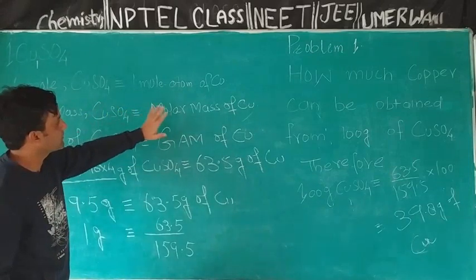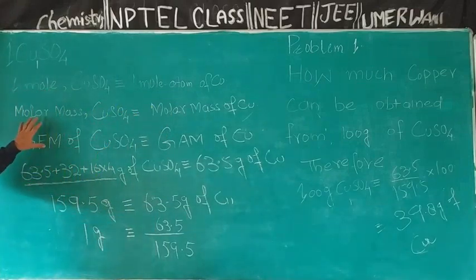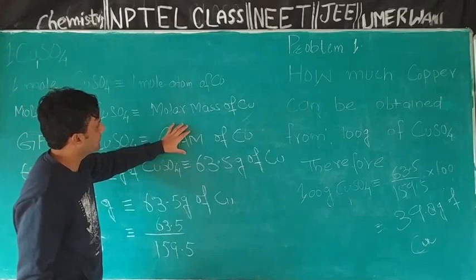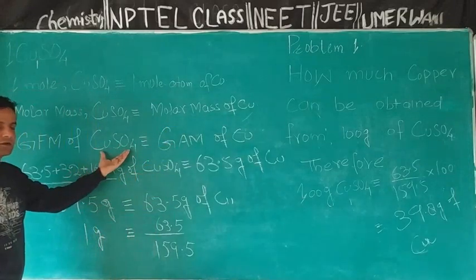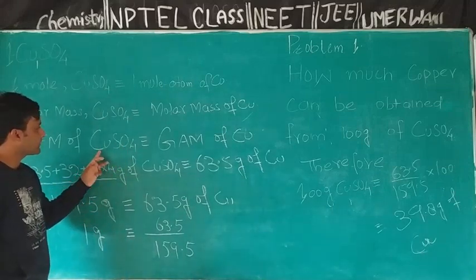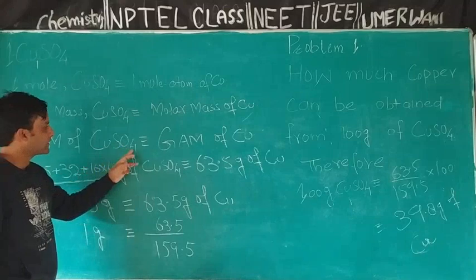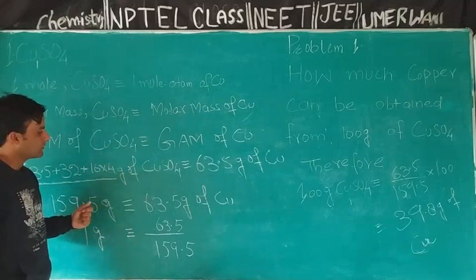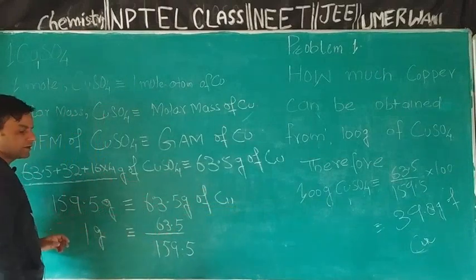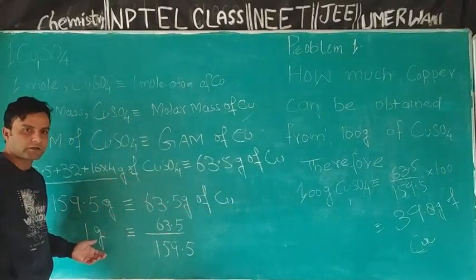The mass of 1 mole atom is also equal to the molar mass of the atom. The molar mass of an ionic compound is the gram formula mass. The molar mass of an element is the gram atomic mass. I calculated the gram formula mass of copper sulfate. This was only possible when I had in mind the atomic mass of copper, sulfur and oxygen. Therefore I used this information as a base to solve this problem applying the unitary method.